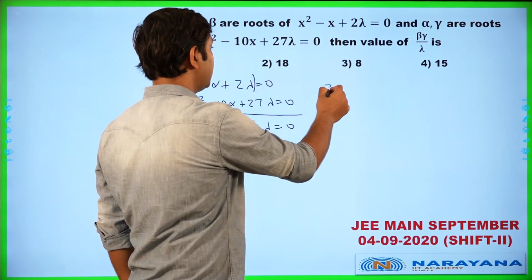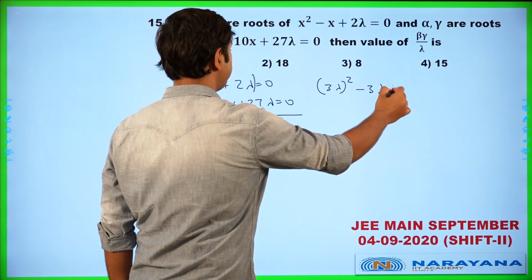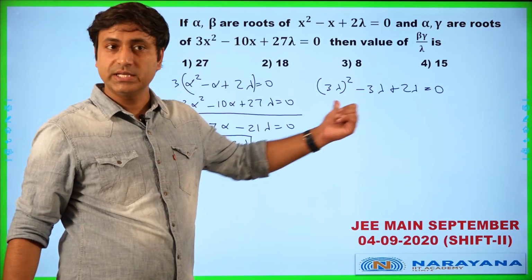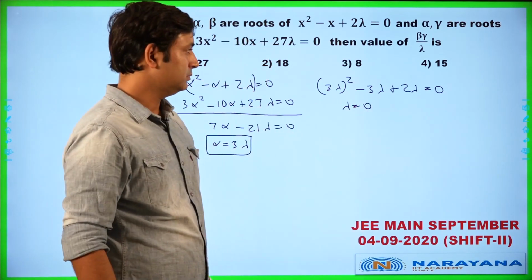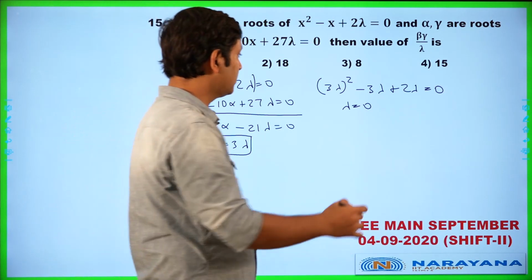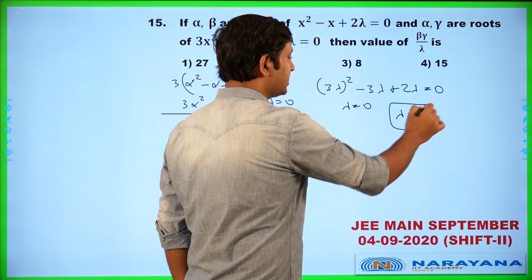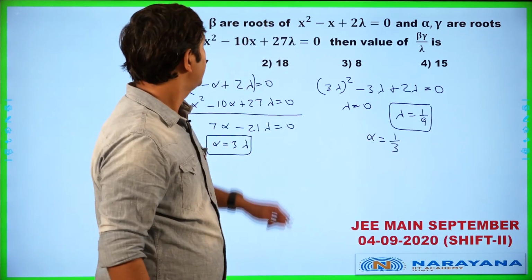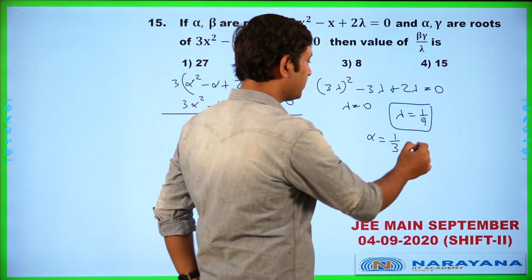So we'll get 3 lambda whole square minus 3 lambda plus 2 lambda is equal to 0. From here, I'll get lambda is equal to 0 as one of the values. The other value we'll have is lambda is equal to 1 by 9. Since lambda is 1 by 9, alpha will come out to be 1 by 3. As for beta, the sum of roots is 1, so beta must be 2 by 3.